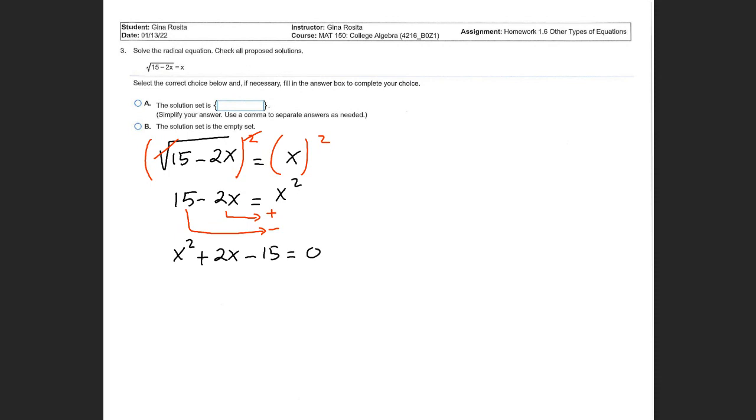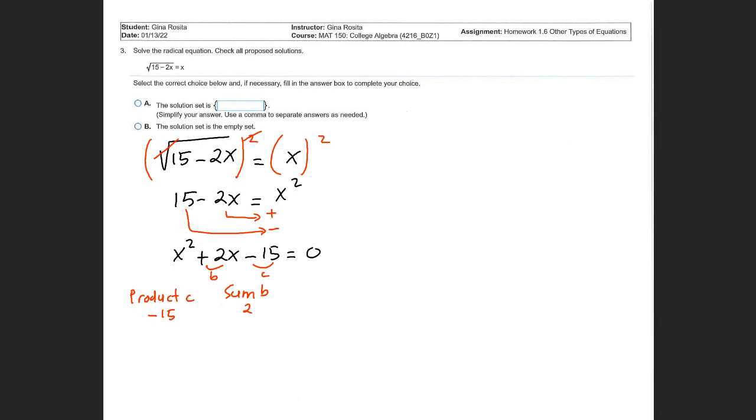Right? So now factor. Okay, remember again, factoring. B is the sum, this is B, this is C. Just remember the product is C, which is negative 15. That's right. So the sum is B, which is 2.